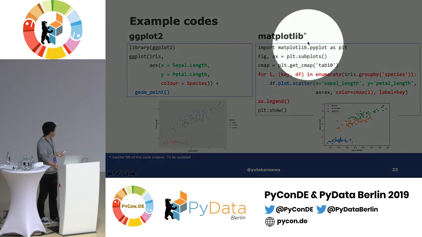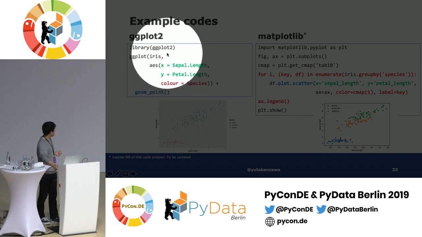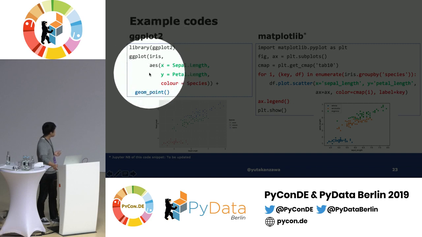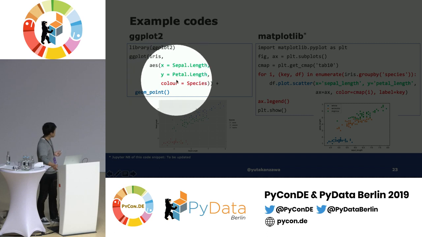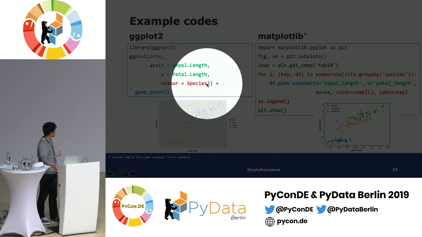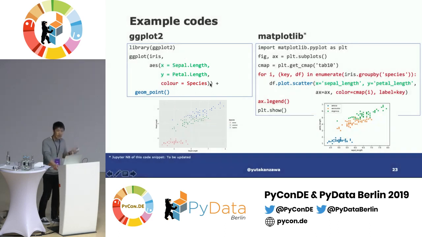First I call iris like I did in the data wrangling, and now I call it in the ggplot function. Then as the second argument of the ggplot function, I call the aesthetic function to specify x and y and the grouping for coloring. So color equals species means that I color each data point based on its species.